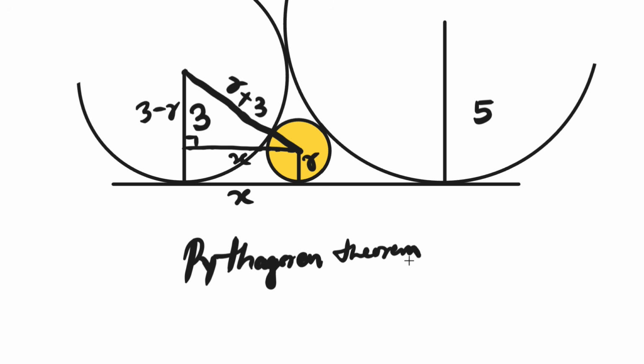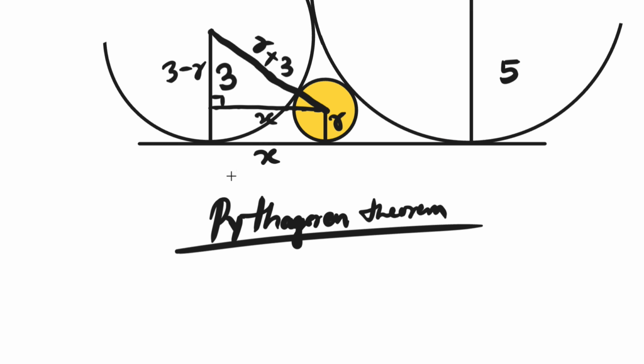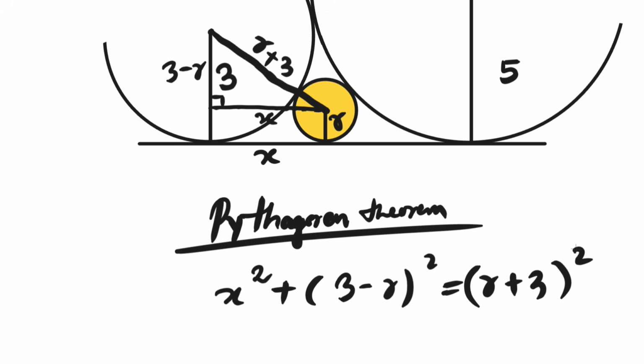We now have a right triangle, so this is the perfect moment to use the Pythagorean theorem. Remember, for a right triangle, the square of one leg plus the square of the other leg equals the square of the hypotenuse. So we write x squared plus the quantity 3 minus r whole squared equals the quantity r plus 3 whole squared. Now let's expand this carefully.